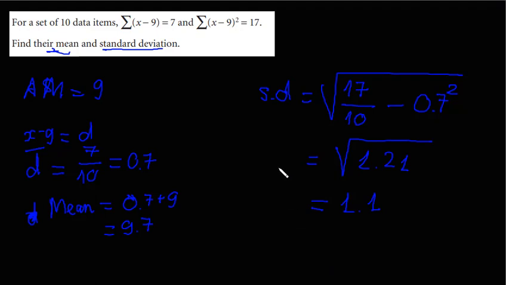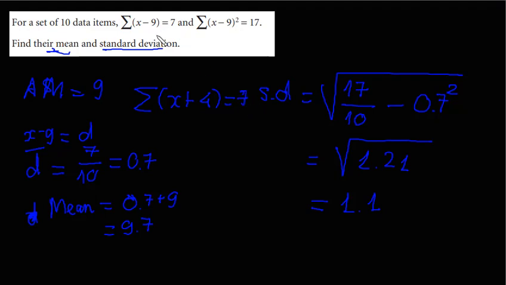It's really easy. Remember: find the new mean by taking this number divided by the number of data items, and find the true mean by taking this number plus or minus the assumed mean. In some cases, they write it like this: the sum of x plus 4 equals 7.